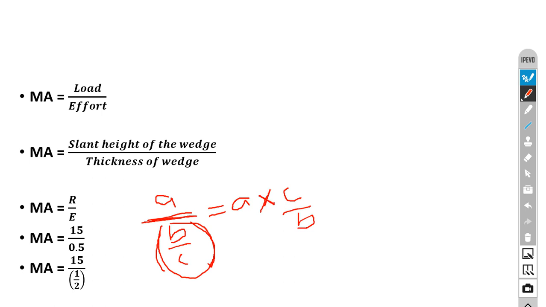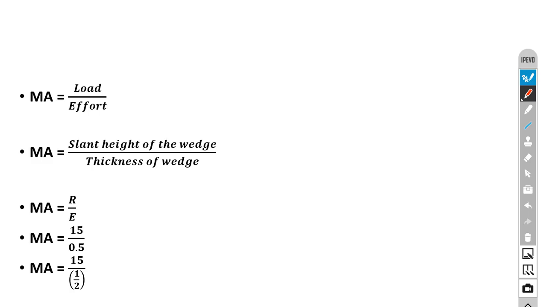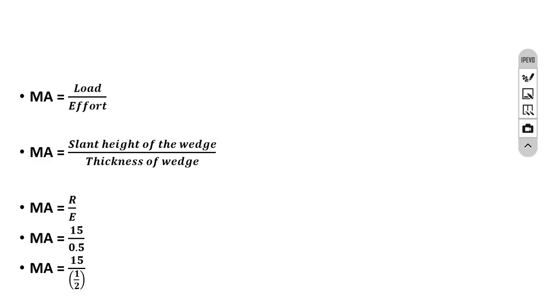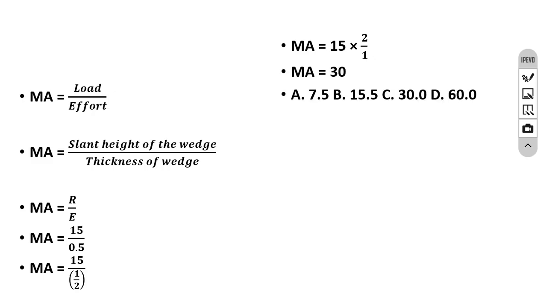If we apply this method here, our next expression is mechanical advantage equals 15 times 2 over 1. That gives us 30. So the correct option is option C.